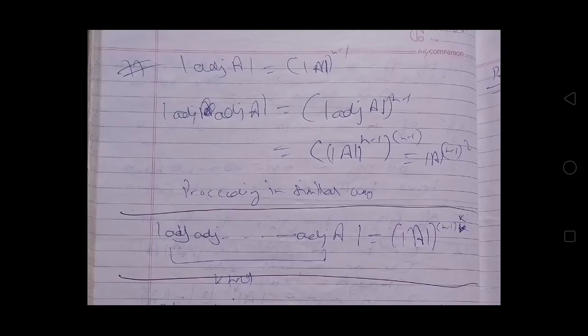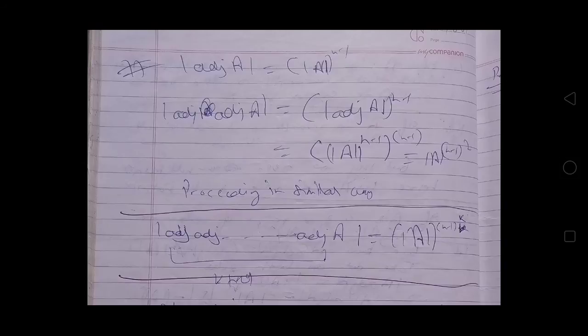Now see this note. We know that the determinant of adjoint of A is equal to the n minus 1th power of the determinant of A. So the determinant of adjoint of adjoint of A will be equal to the n minus 1th power of the determinant of adjoint of A. This will be equal to the n minus 1th power of the n minus 1th power of the determinant of A. This will be equal to the determinant of A raised to the power n minus 1 raised to the power 2.